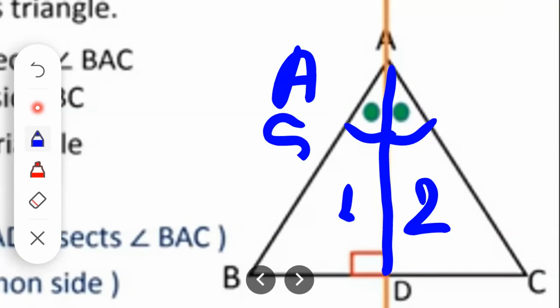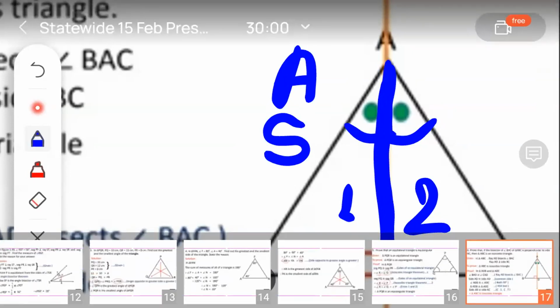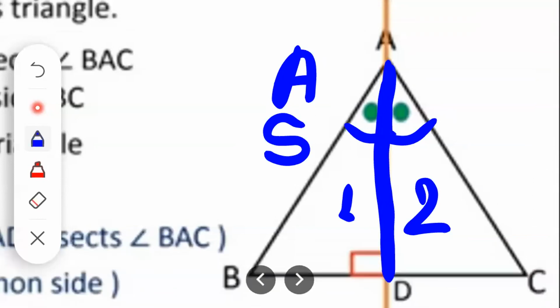So side. And as this segment AD is perpendicular, that means here that is 90 degrees and the other angle will also be 90 degrees. So again, A. So the test is the ASA test.